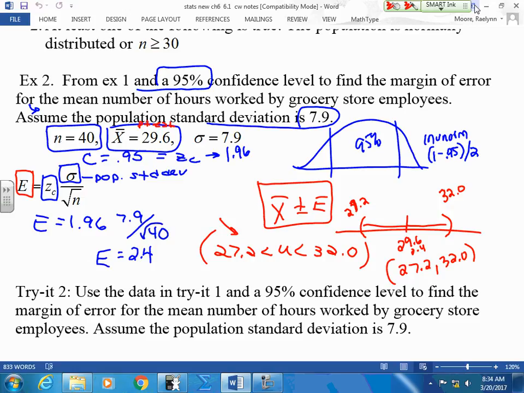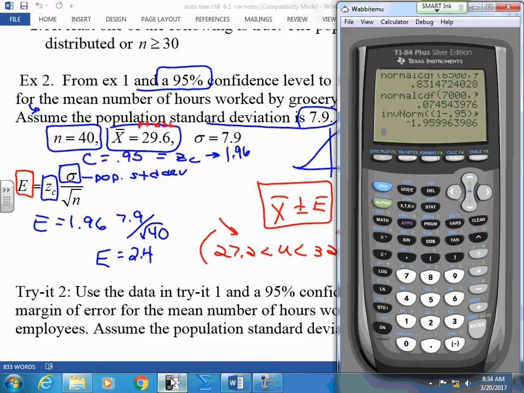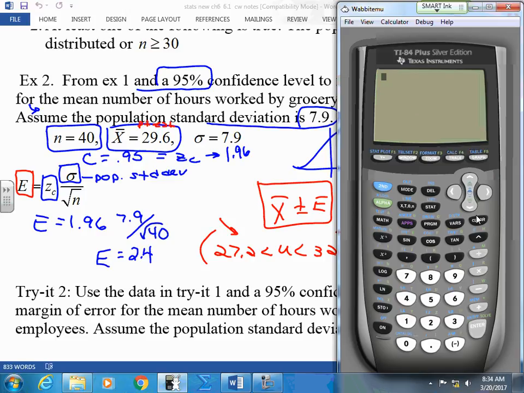Now, eventually, we will get to your calculator for this, but watch how nice your calculator is. So, I guess I'm going to clear this. If I go to stat, and I go to test, we haven't done any of these tests yet.